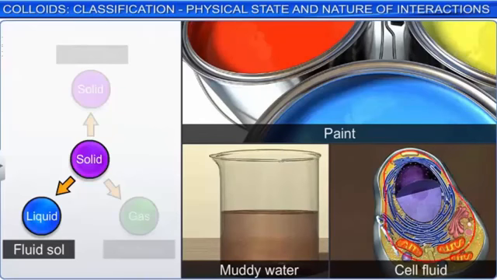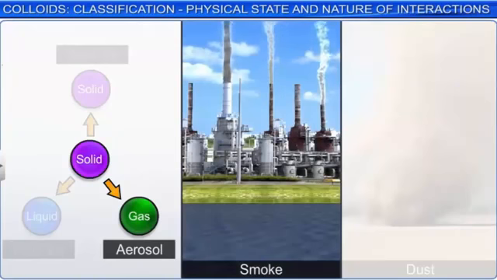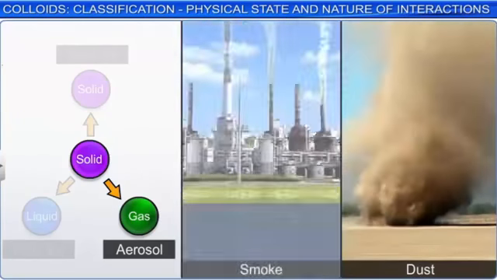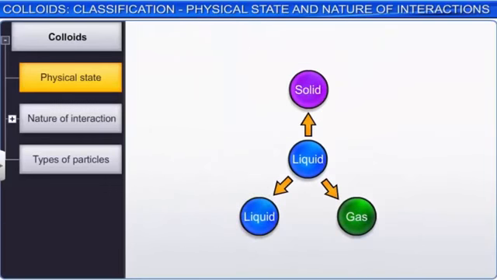Examples of aerosols are smoke and dust. Dispersion of a liquid in a solid, liquid, or gas dispersion medium results in the formation of a gel, emulsion, and an aerosol respectively.